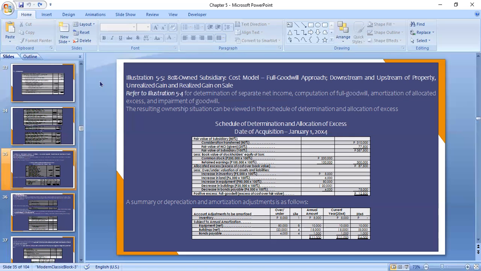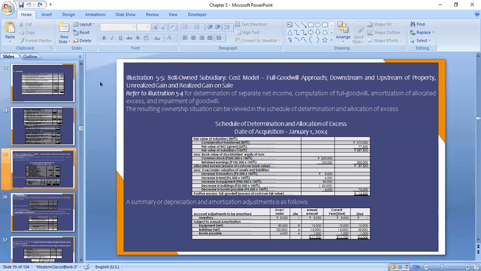So we have now the estimated life of the asset, like equipment, it's for 8 years. So we have the annual amortization of the undervaluation or overvaluation, this time for buildings. So we have the annual amount of 10,000. So for the current year, 24, it's 10,000.